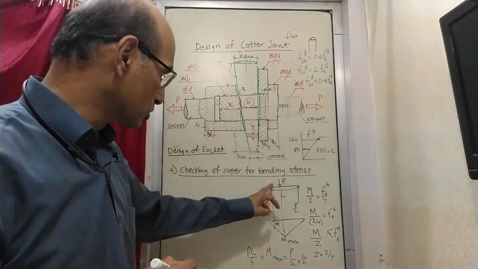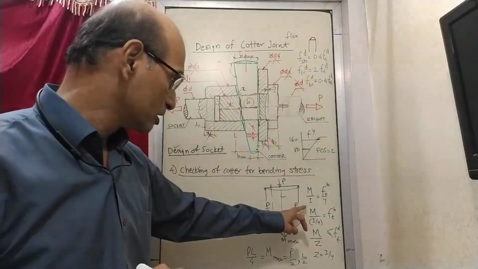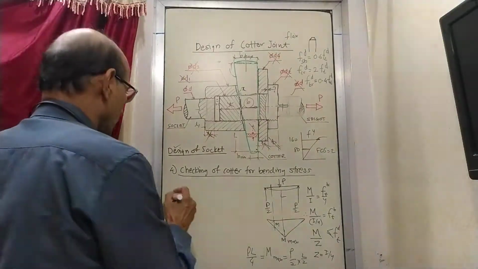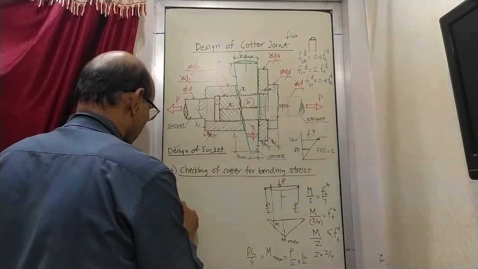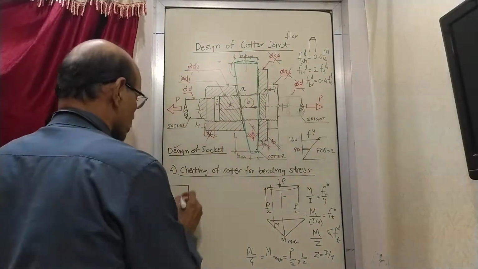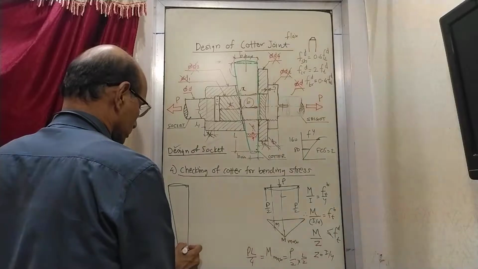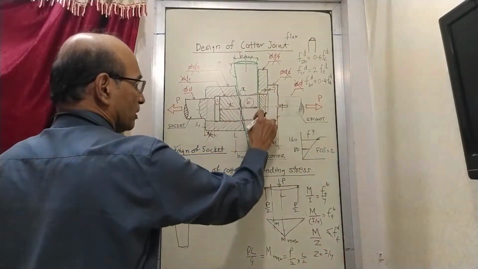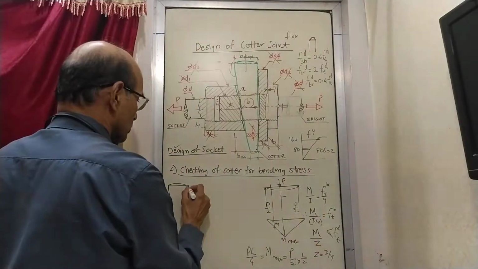Now from where this force comes, that is what is to be thought of. So let me first draw this cotter. So I draw this cotter, then somewhere here and here it is in contact. I'll just show like this.